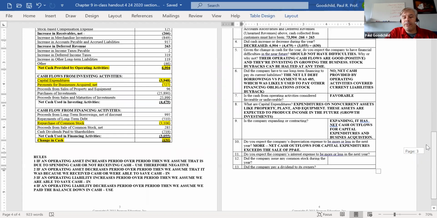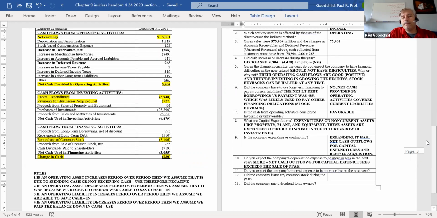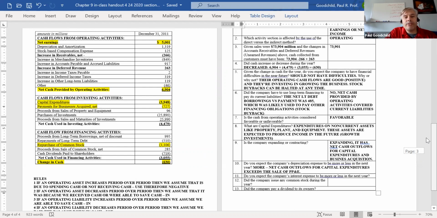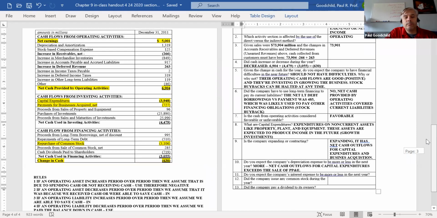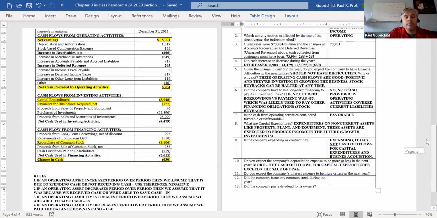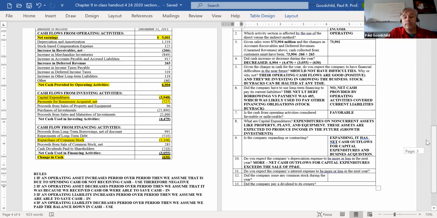Do you expect the company's interest expense to be more or less for next year? Type your answer in the chat. It's not yes or no, it's more or less.